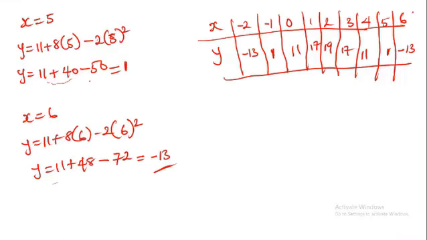Okay, this is what the graph looks like, and every bus in this graph is equal to 1 cm. This is 1 cm, this is 1 cm, this is 1 cm. Now we are going to choose a scale depending on what we have on our table. So what's the highest number in the table? The highest number is 19.